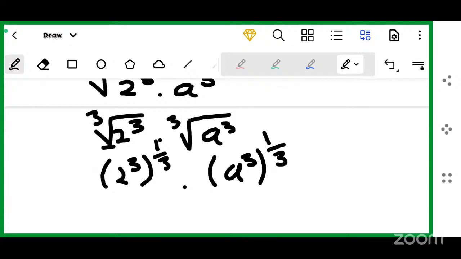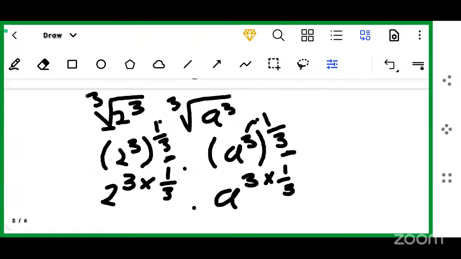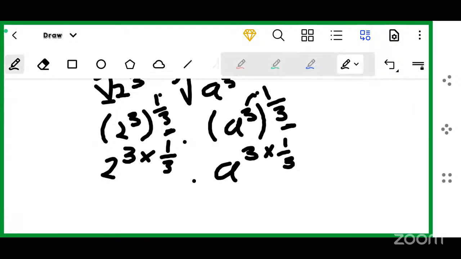For us to open the brackets, we have to use these exponents, and this exponent is going to multiply the exponent inside the bracket. So what you're gonna have so far is 2 to the power of 3 multiplied by 1 over 3, multiplied by a to the power of 3 multiplied by 1 over 3. So if you multiply these 3 by the 1 over 3, you're gonna have 2 to the power of 3 over 3 multiplied by a to the power of 3 over 3.